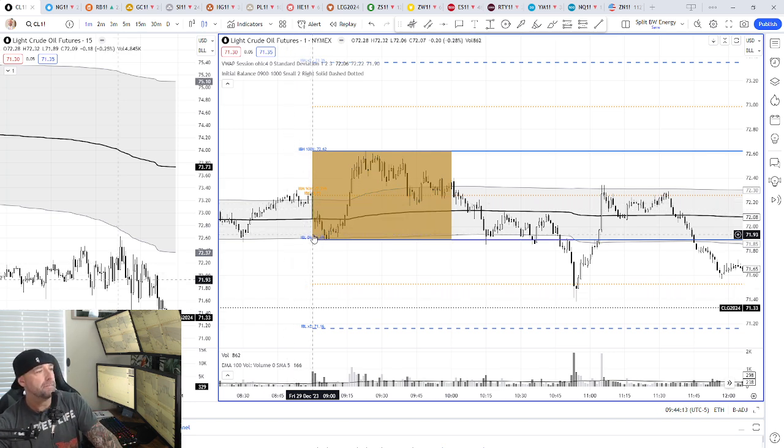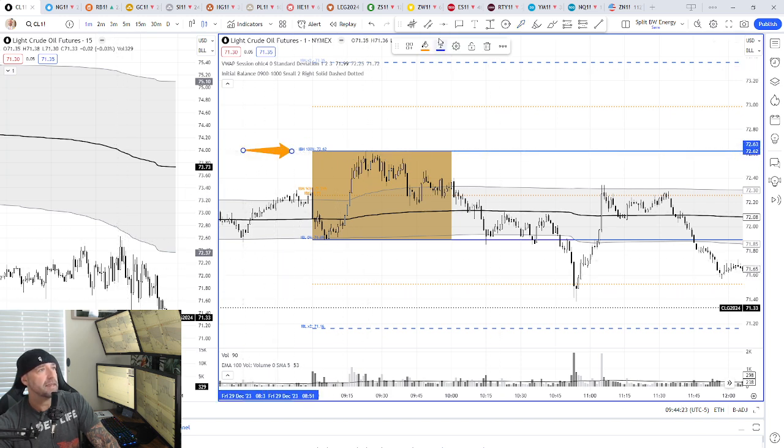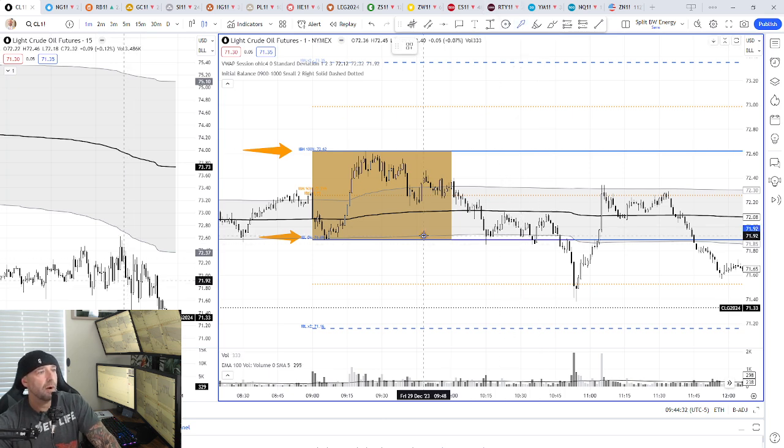So from 9 a.m. to 10 a.m., we take this initial balance, and then what we have here is the high and low of that first hour of trading at the open, and that is our IB high, and this is our IB low, okay? So now what we have is this extra level of conviction at this level where we have value area low and IB low.